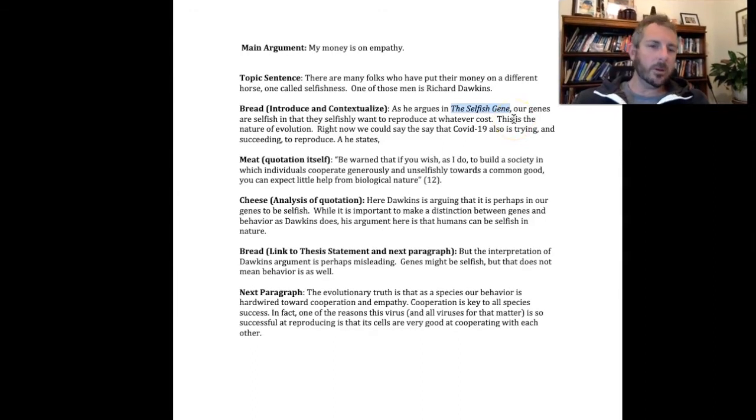And then importantly, and this is really abundantly important, you need to contextualize that quotation. And sometimes contextualizing that quotation means paraphrasing the argument that the author is making in the book or article, and also maybe providing a little bit of real-world context for it.